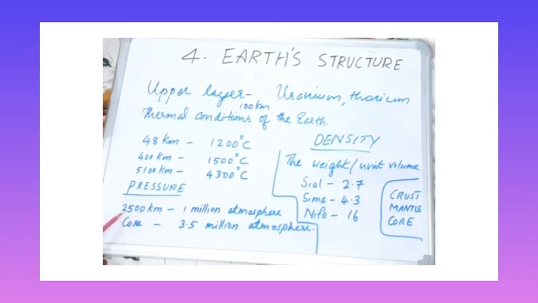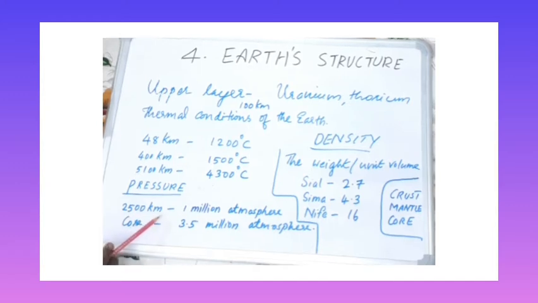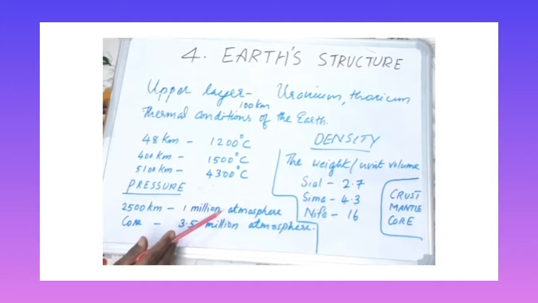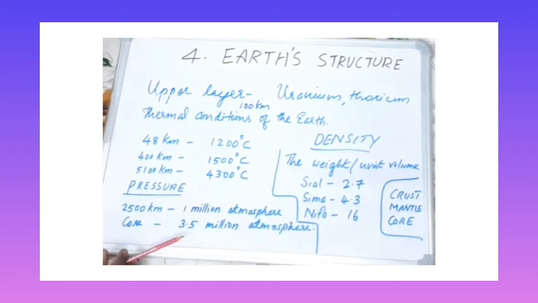At a depth of 2500 km, the pressure is about 1 million atmospheres. And at the core or center of the Earth, the pressure is estimated to be about 3.5 million atmospheres. Like temperature, pressure too varies from place to place inside the Earth.